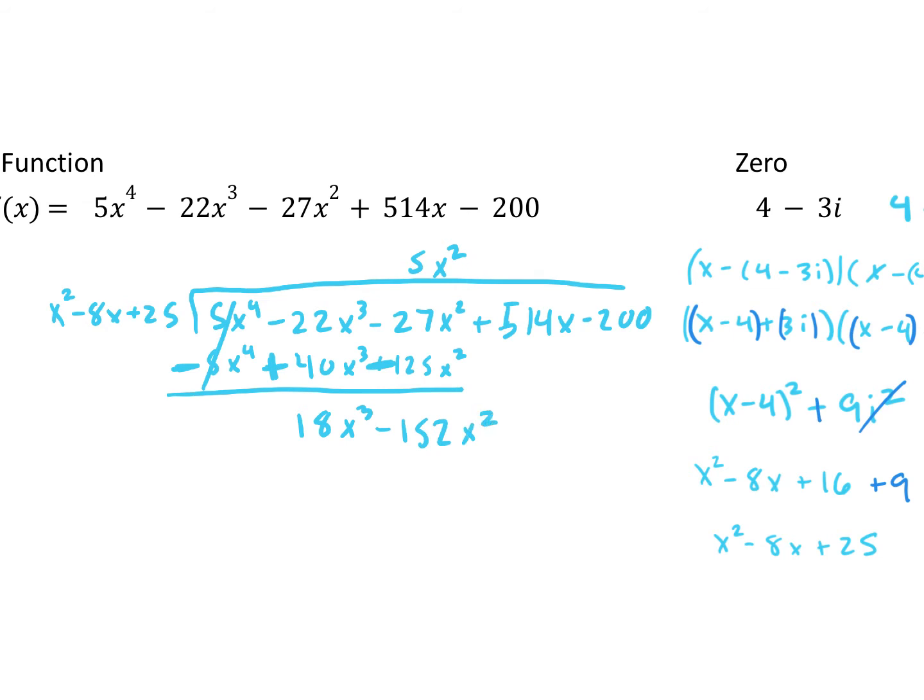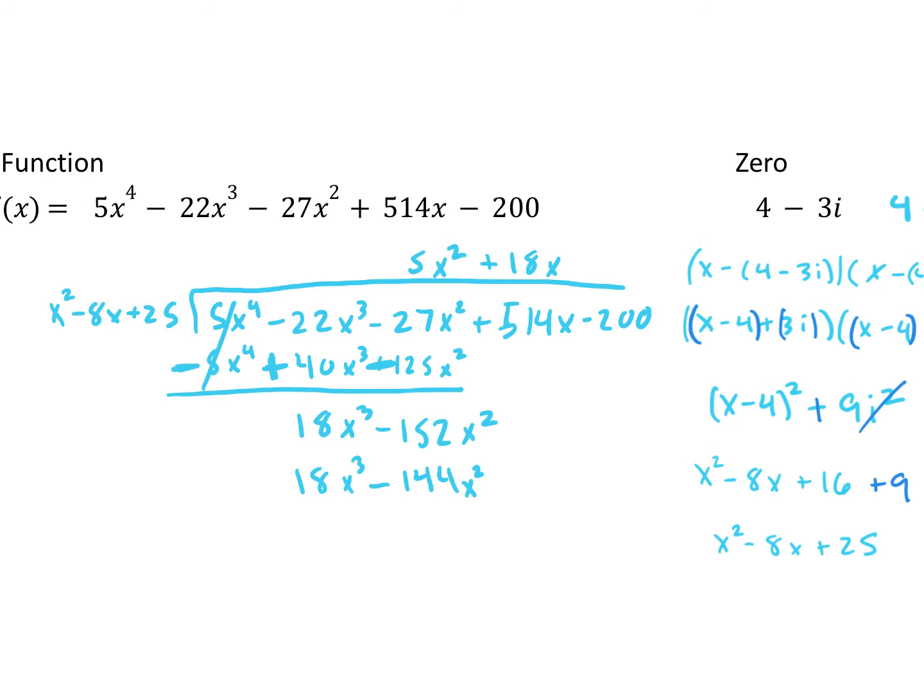Now what times x squared gives us 18x cubed? 18x, so plus 18x comes next. So we multiply what's up top with what's out front. We get 18x cubed. What's 18 times 8? 144x squared.